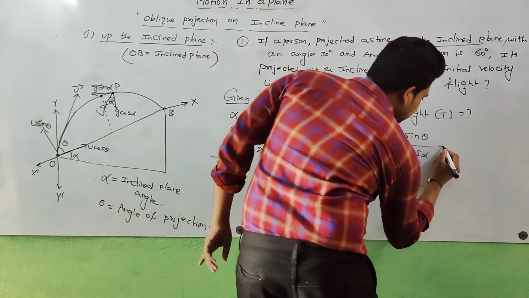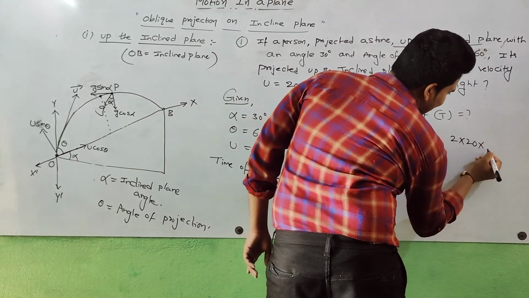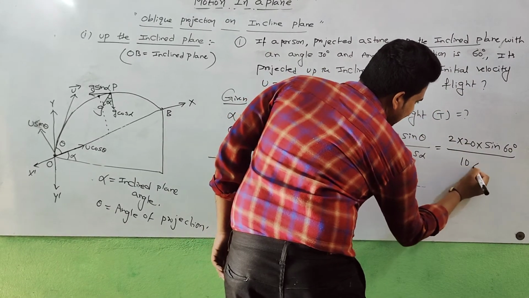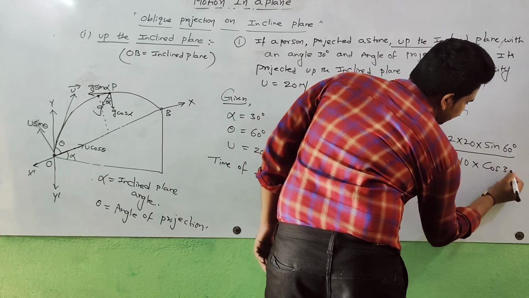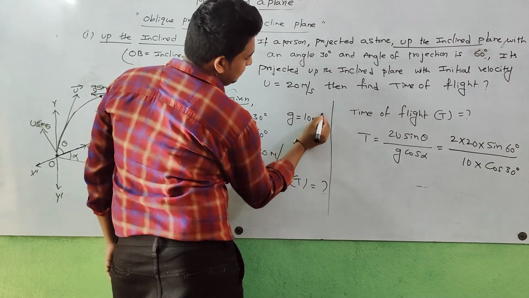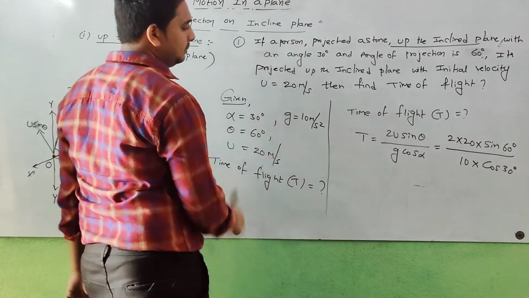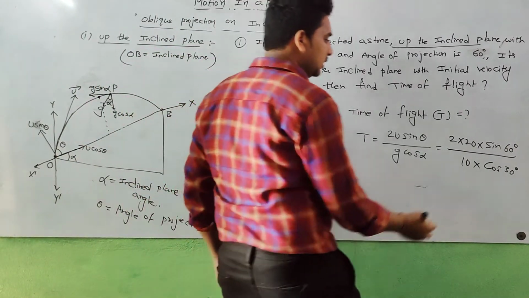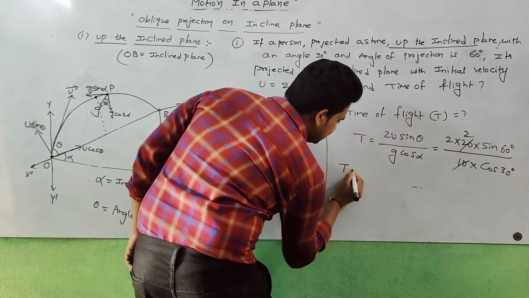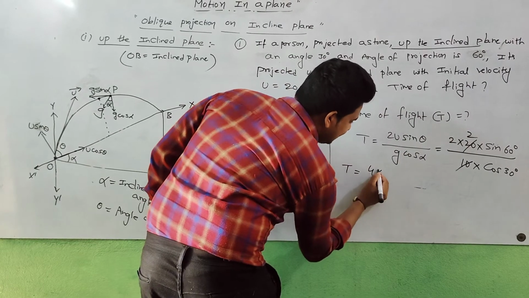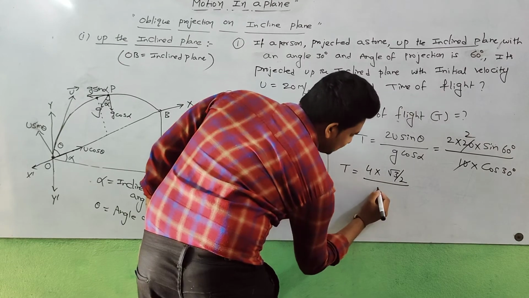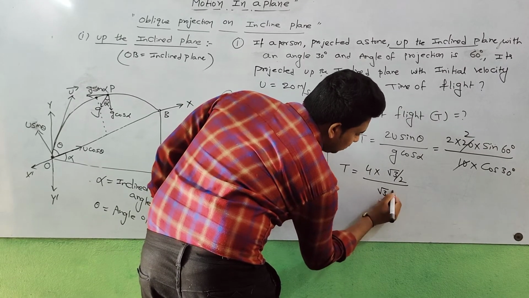Here substitute values: 2 into u value is 20, theta value is 60 degrees, so sin 60, g value is 10, and cos alpha means cos 30 degrees, because here we consider g as 10 meters per second squared. Substituting the values, the 10 and 2 cancel, and we get t is equal to 2 into 2 is 4, sin 60 is root 3 by 2, cos 30 is also root 3 by 2.